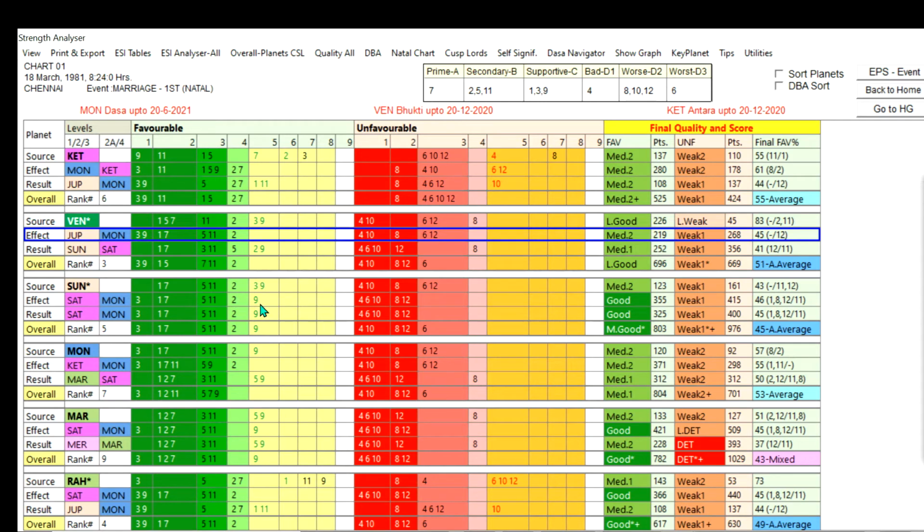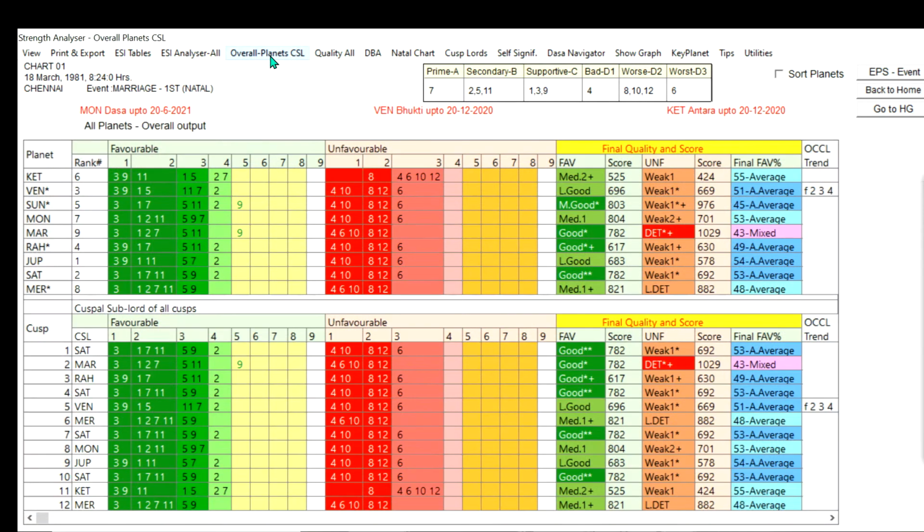Okay. Now let me tell you about the next one, which is overall planets Cuspal sublord. What is that? Just click this overall planet Cuspal sublord.